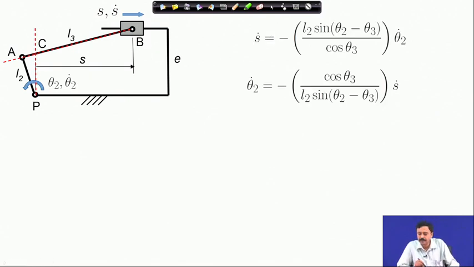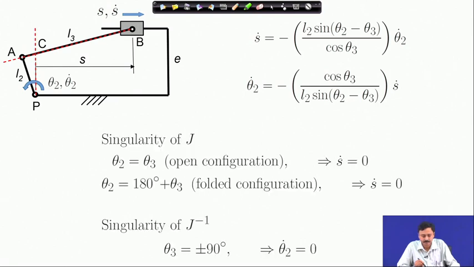So, I have written out these velocity relations again. Singularity of the Jacobian occurs when theta 2 equals theta 3. The singularity is an open configuration, one where s dot is 0, or you can also have singularity when theta 2 is 180 degrees plus theta 3, in which we have the folded configuration, in which also s dot is 0.